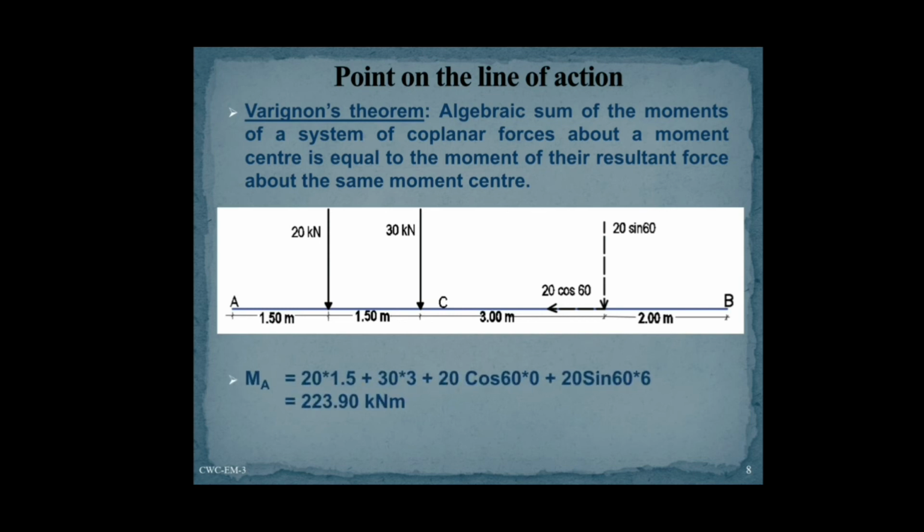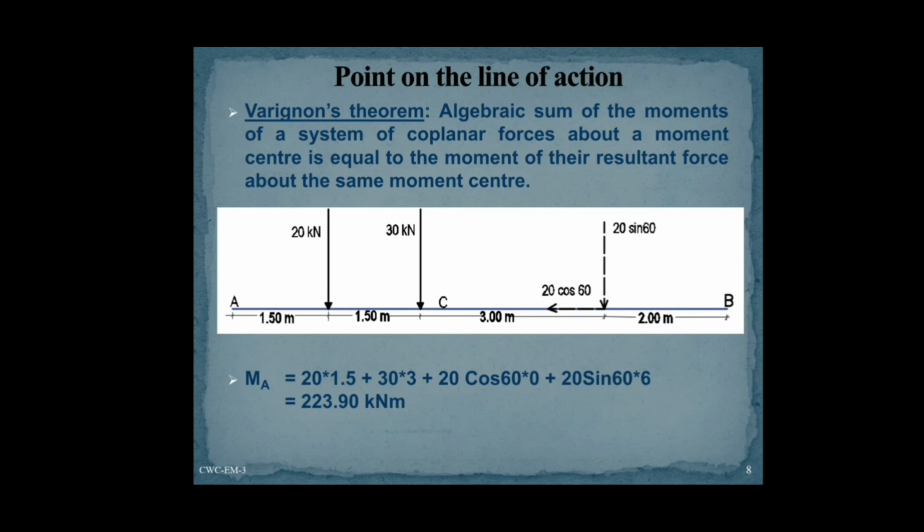Now consider the given system of forces. Here A is the moment center, and the moment arm for the 20 kilonewton force will be 1.5 meter, and the moment arm for the 30 kilonewton force will be 1.5 plus 1.5, that is 3 meter. And since the line of action of 20 cos 60 passes through A, the moment arm will be 0 for that, and for 20 sin 60 it will be 6 meter.